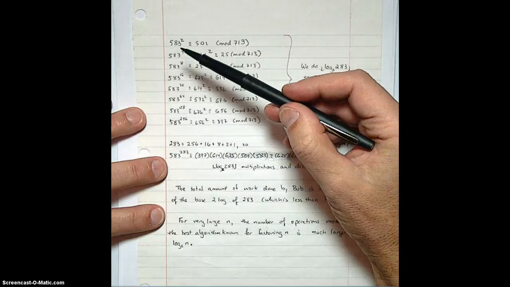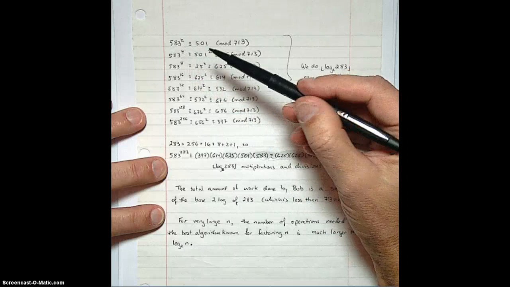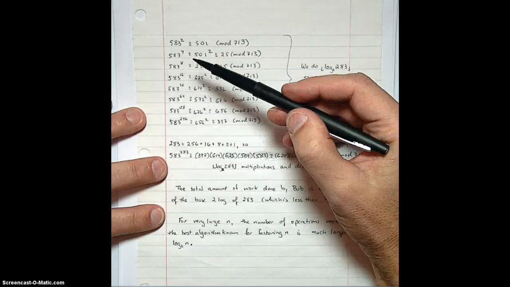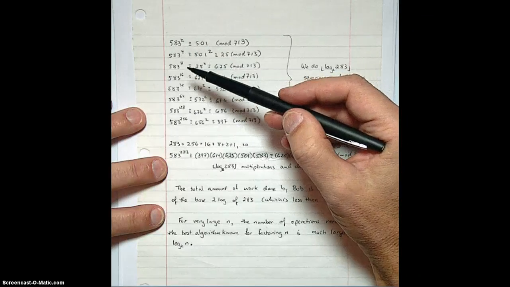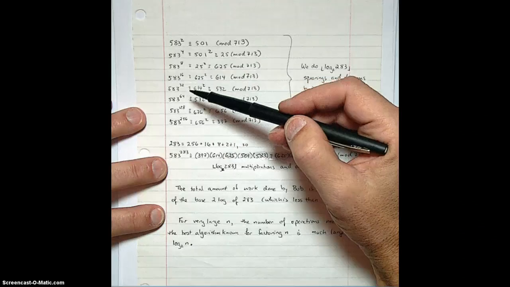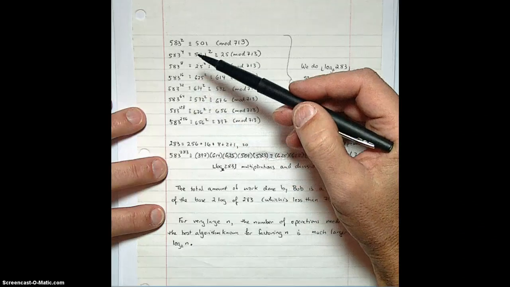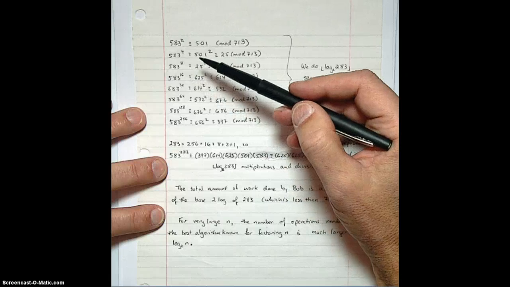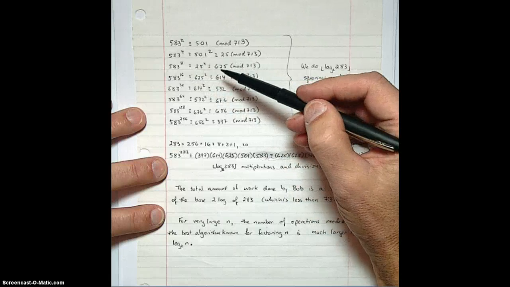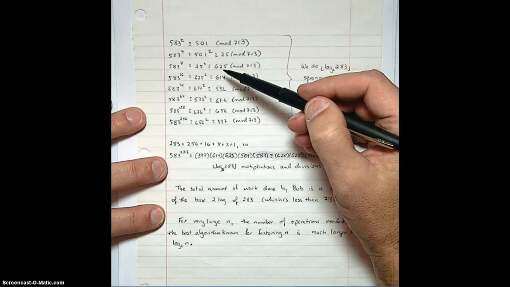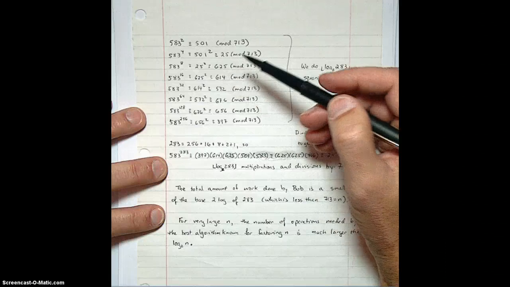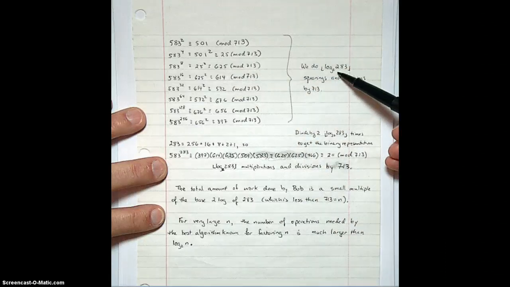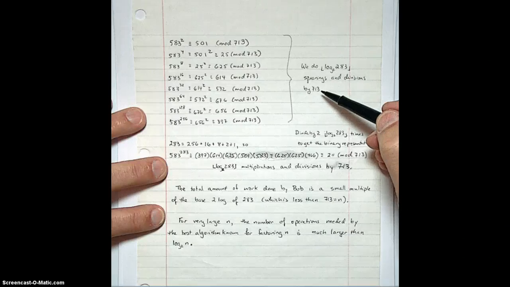We first find out what 583 squared is, modulo 713, and then 583 to the 4th, 583 to the 8th, all the way down. Each one you get by squaring the one you had before and then dividing 713 into it. So we have to do log base 2 of 283 rounded down squarings, and each time we have to divide by 713.